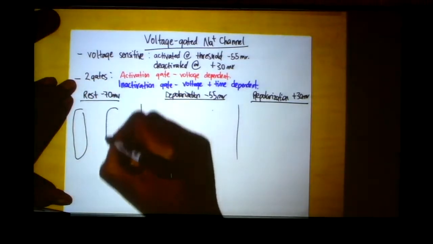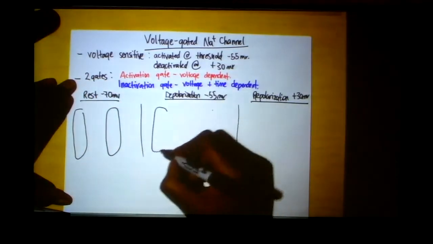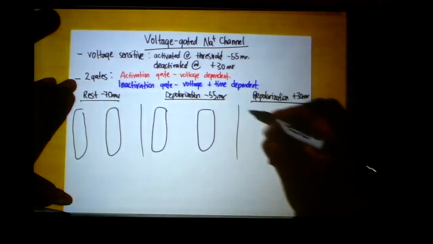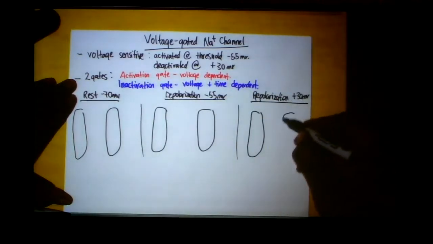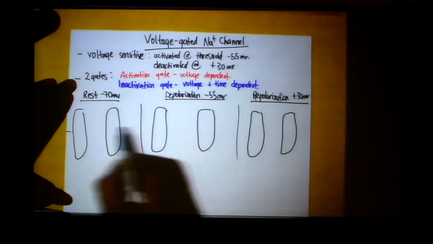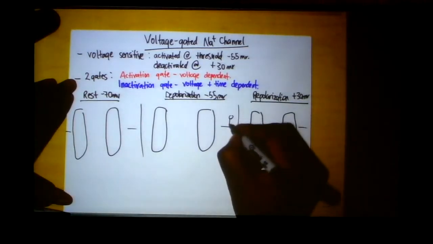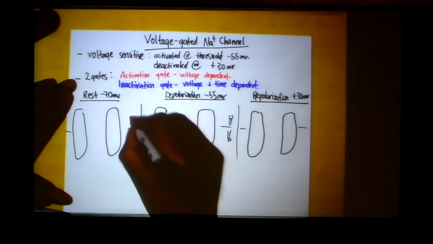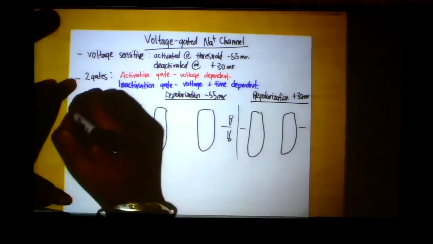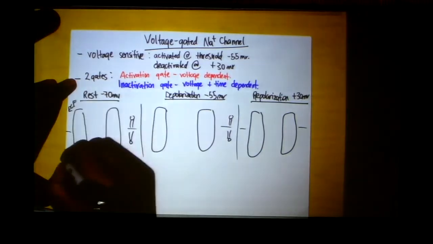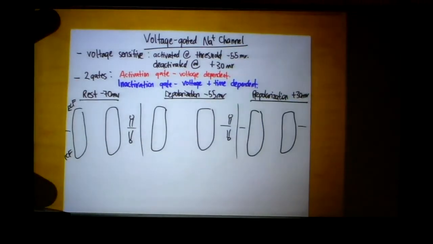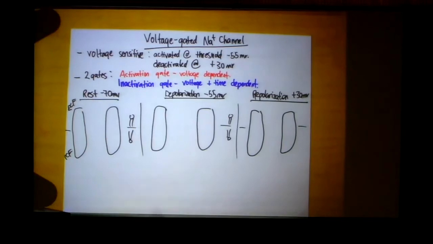So let's just draw these channel-looking structures. And we want to remind ourselves that these are transmembrane proteins, right? So they're embedded in the membrane here. So think about your phospholipid bilayer occurring across here. This is our ECF. This is the ICF, okay? And we have our channel in the membrane.